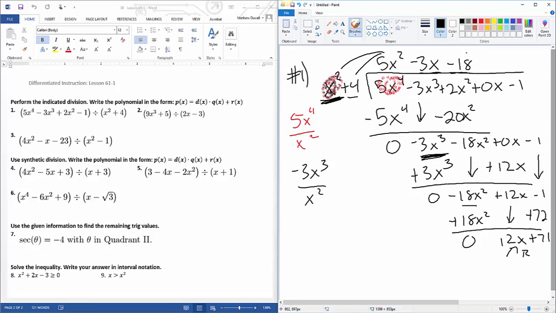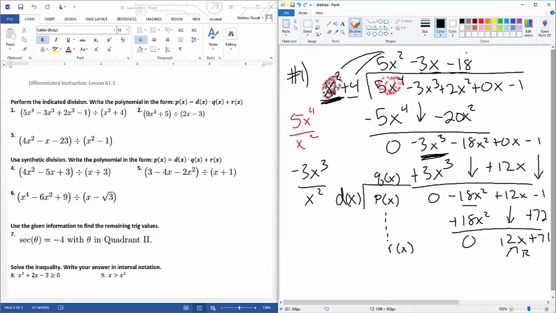Now, if you notice, it wants us to write it in the form of d of x times q of x plus r of x. Just to reference, that's kind of like what we're looking at here.